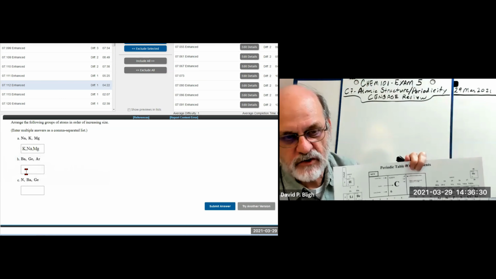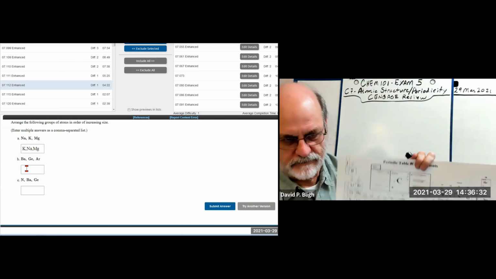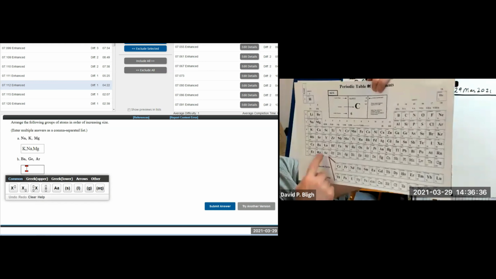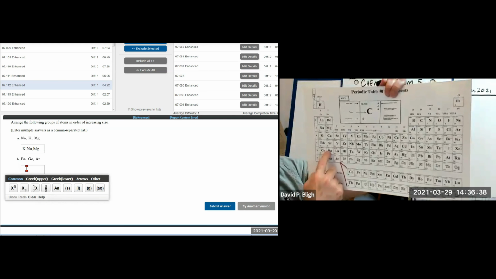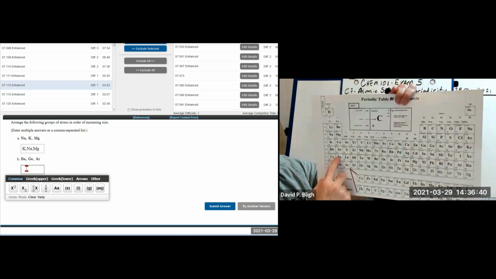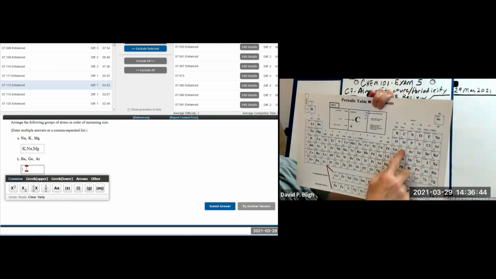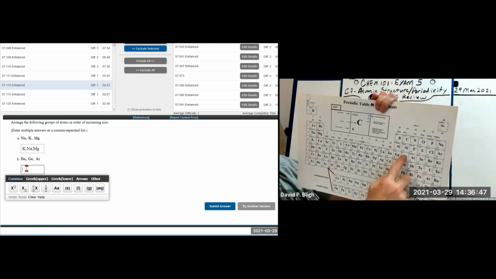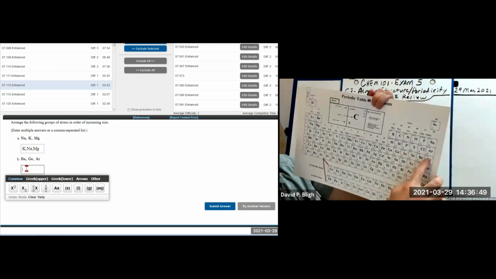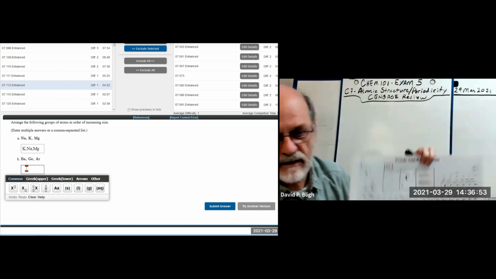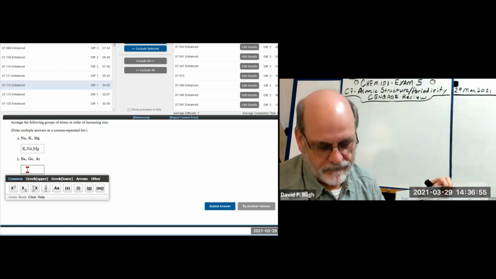How about barium, germanium, argon? Let's see, where's barium? Barium's way over here. It's a big one. The next one, germanium, is over here, right? It'll be smaller. And then argon to the right should be even smaller. So barium, germanium, argon.